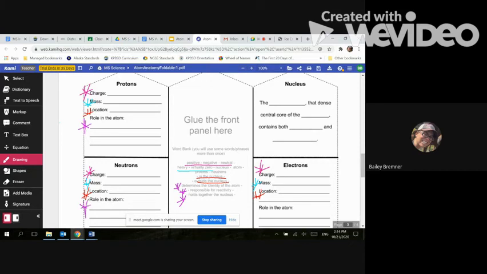Try to see if you can figure it out. Determining the identity. Are they responsible for reactivity? Do they hold it together? Reactivity is like if it's positive or negative. Identity also has to do with positive, negative. That should give you a good hint there. So do your best and see what you know on that one.